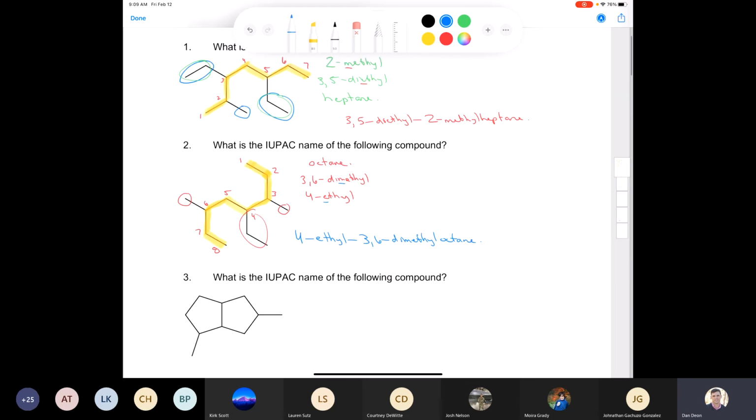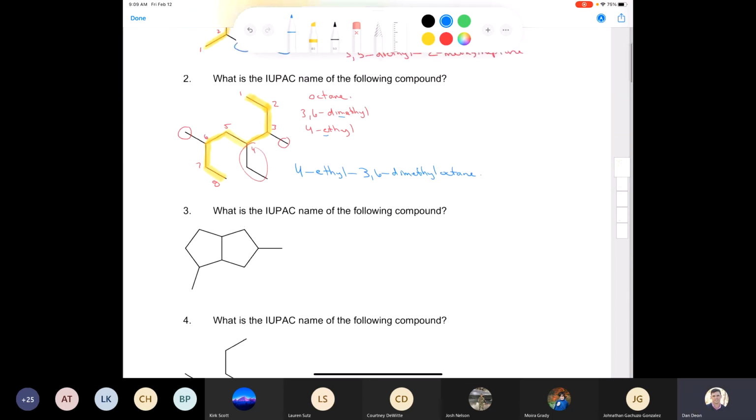Like that. Let's try a bicyclo. So here we have a bicyclo compound. I'll give you a second to take a look at it. Well, we have our 2 bridgehead carbons.